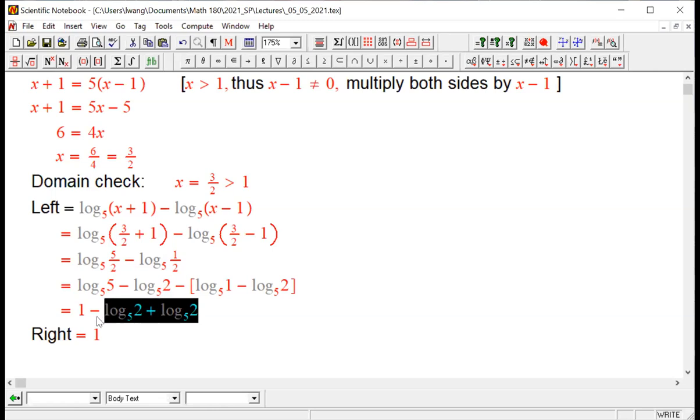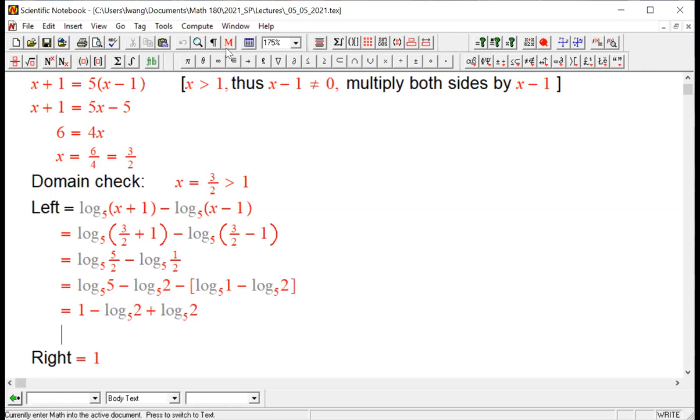And these two make 0. So we have it equals what? 1. Combine, we get 3/2, 5/2, 1/2. Apply the quotient rule to each one, and we operate, and we get 1.